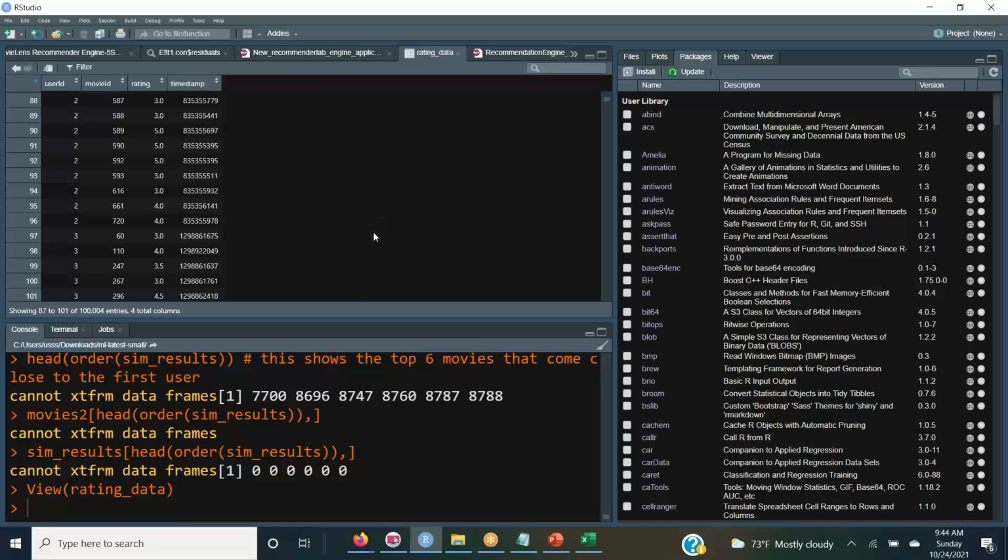But each line is a rating. We don't want this. This is not how you can use it directly in your formula or in the package recommenderlab. It needs to be cast so that each column is a movie. We just need the rating, nothing else.